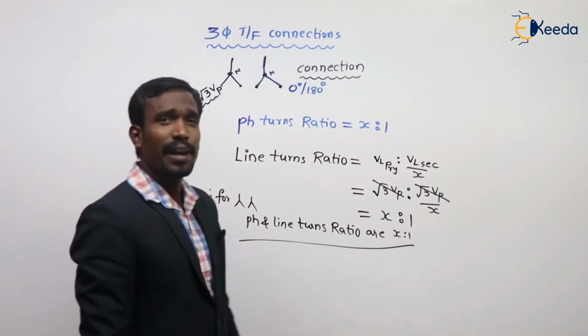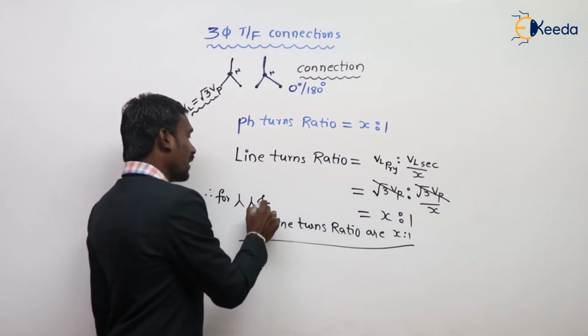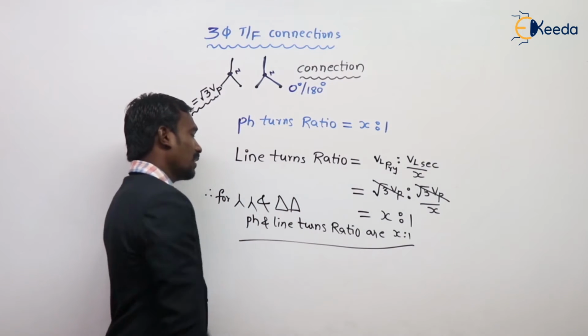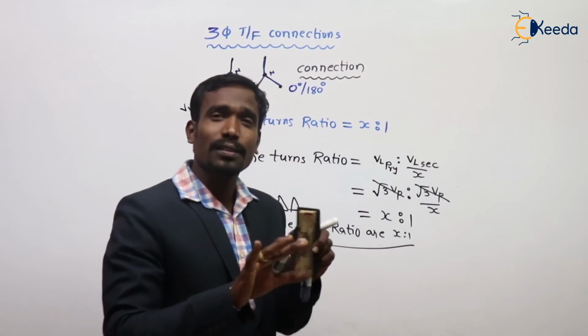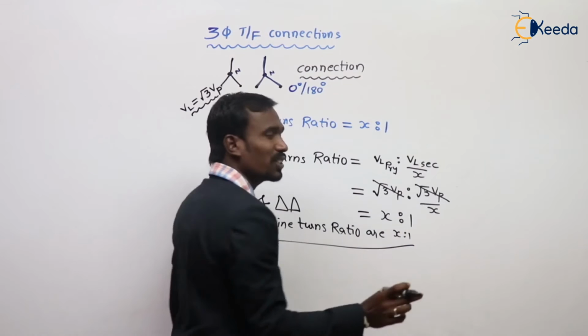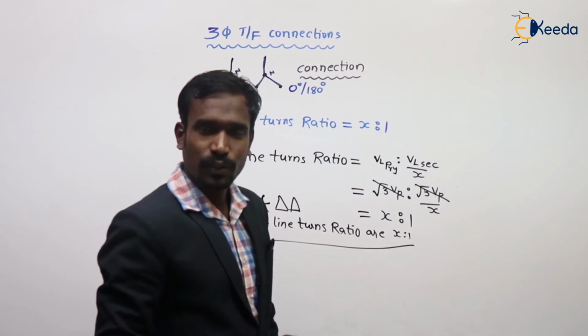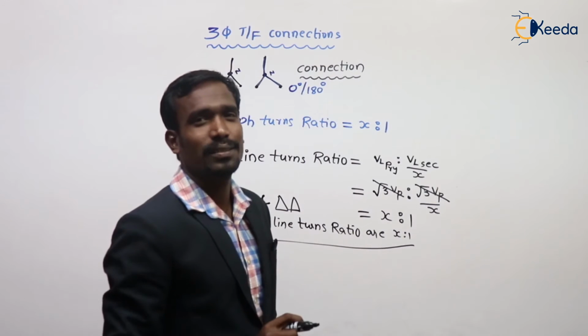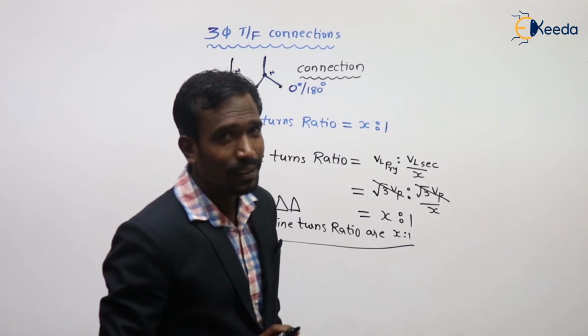Both are the same for star-star, and also for delta-delta, the phase turns ratio and line turns ratio are both the same, X is to 1 only. You should remember this point. Are you okay? Right?